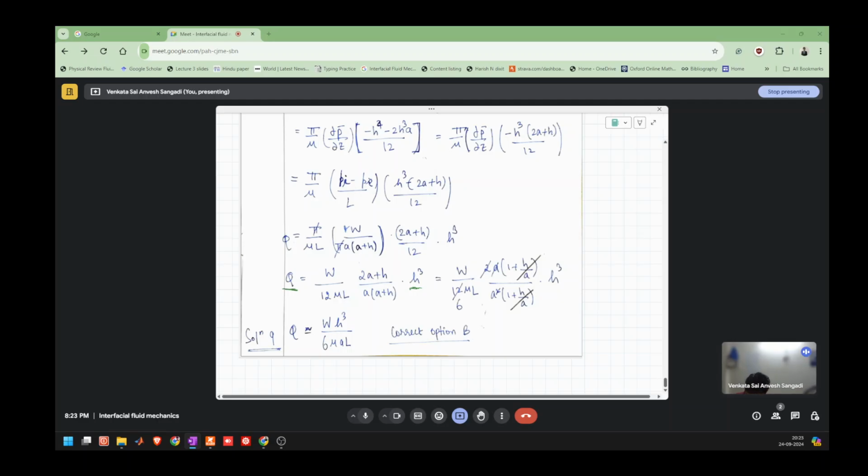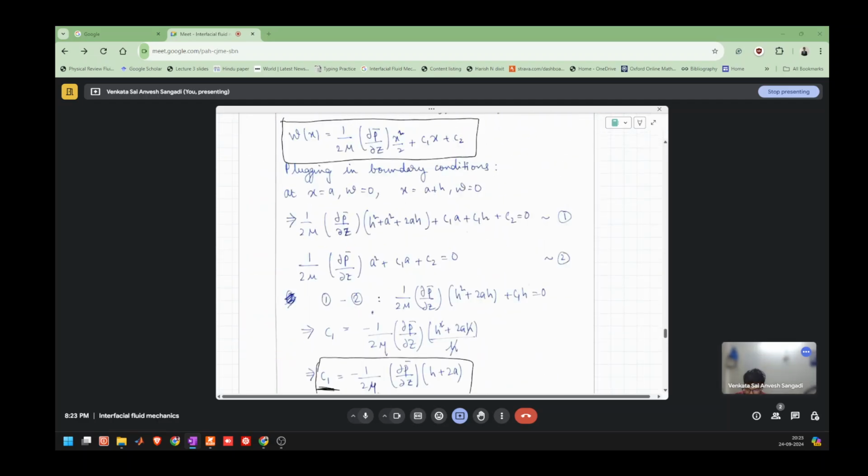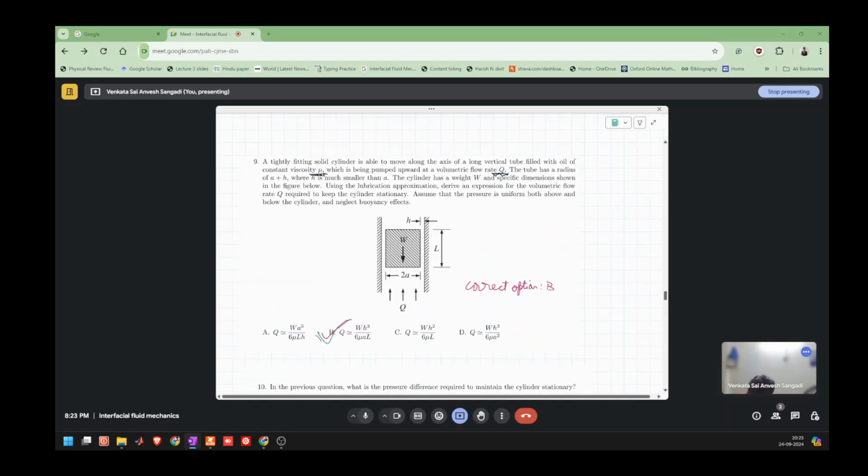Once we get this, we cancel the values and then we have the final expression of Q, which is equal to W H cube by 6 mu A L. Therefore, the correct option is B. So, in the question, we have B.